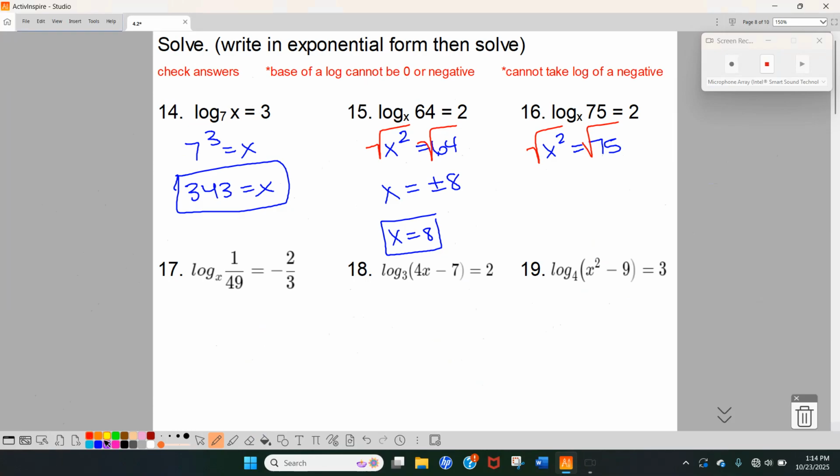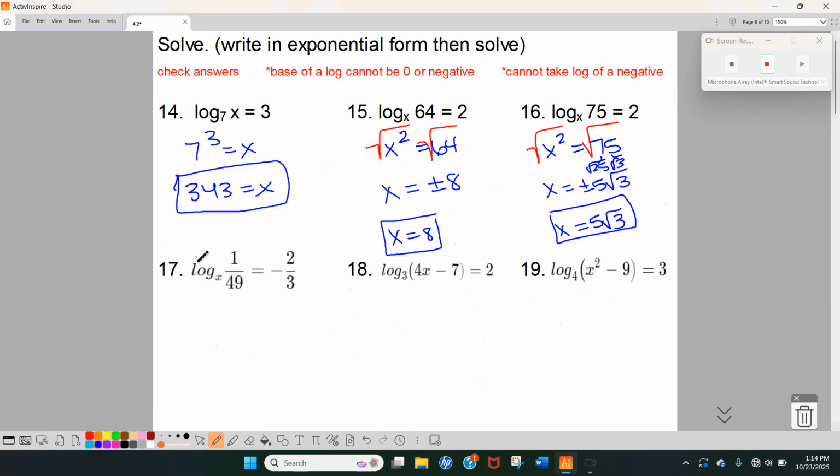But we also have to break that down. So remember 75, we can break it down to 25 times 3. So then we would get 5 root 3 as our simplified version. And then again, just like 15, the negative is no good because the base can't be negative. So we'll box 5 root 3 as our answer.